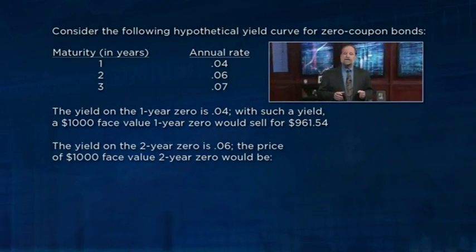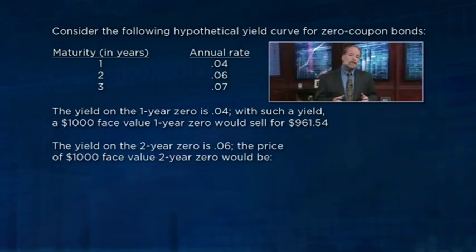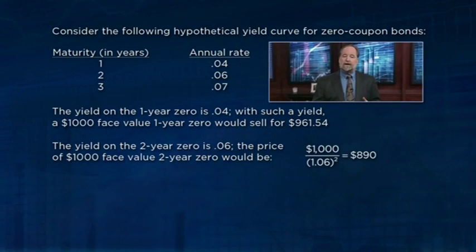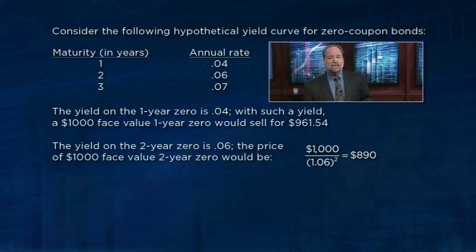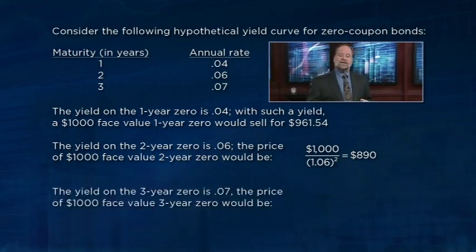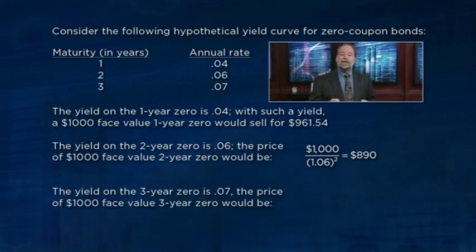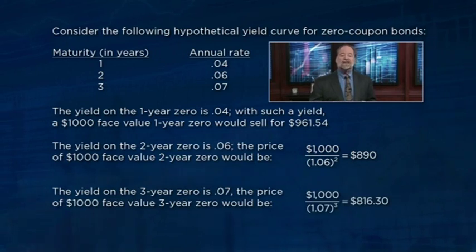With that yield, the price of $1,000 in face value for the 2-year zero would be 1,000 divided by 1.06 raised to the second power, and that's equal to $890.00. Finally, let's say that the yield on the 3-year zero is 7%, implying that the price per $1,000 in face value will be $816.30.